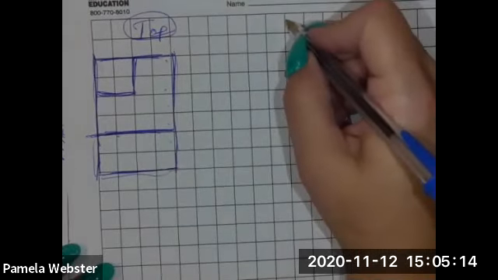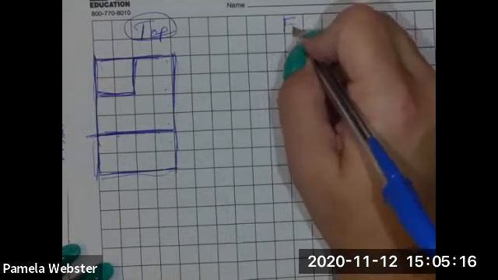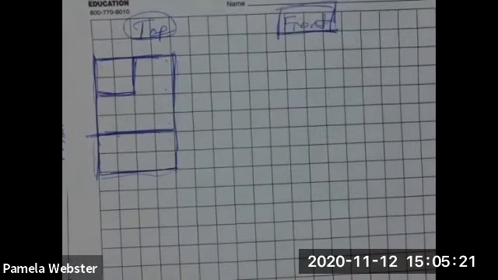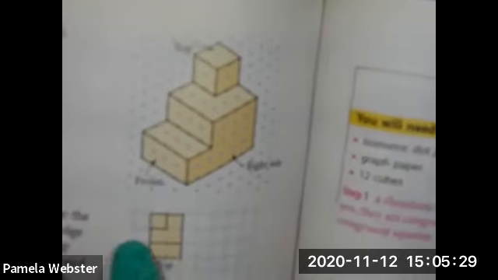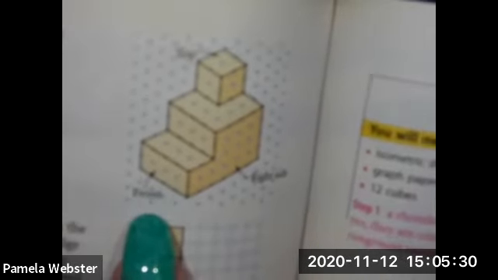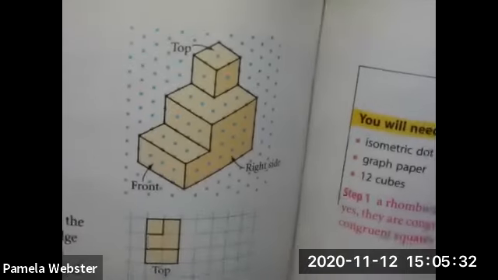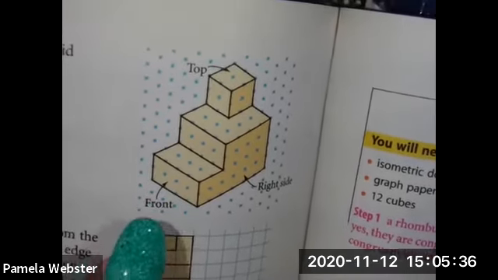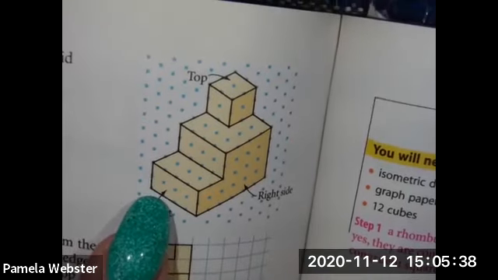Okay. What about the front? Here's my picture. And they've got it marked for me, thankfully. They said, here, let this be your front. It's going to be a 4 by 4 with a 2 by 2 on the left side.